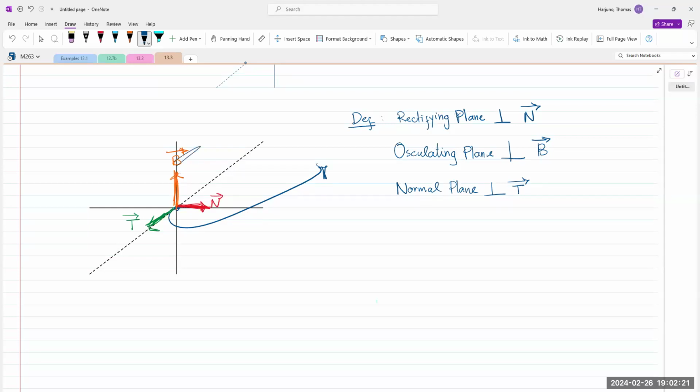Okay, so the normal plane is basically the plane that is spanned by N and B. Now, the air drag of an airplane, if you see the airplane from the front, right?